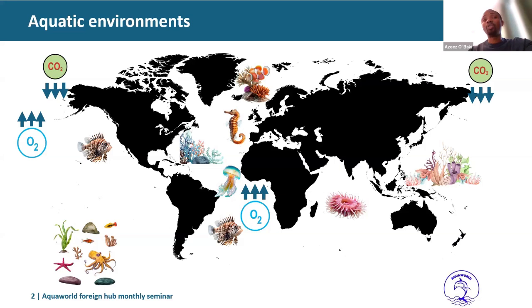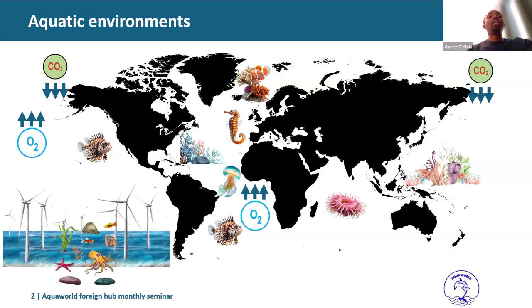As we know, CO2 is a chief source of climate change, and so our aquatic environment also absorbs this excess CO2 in the atmosphere, and is also a source of oxygen to the atmosphere through the activities of the phytoplankton and other green plant species. We also have the function as a source of energy through wind farms.